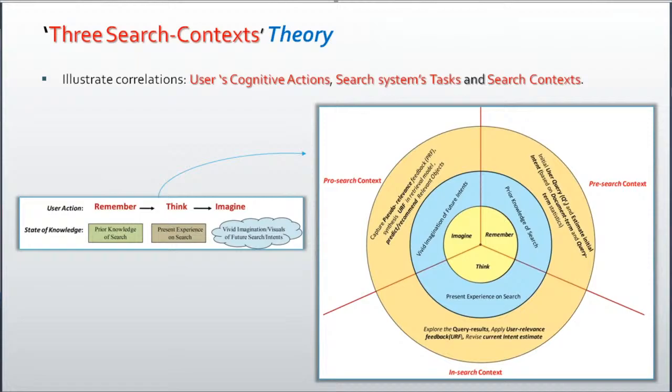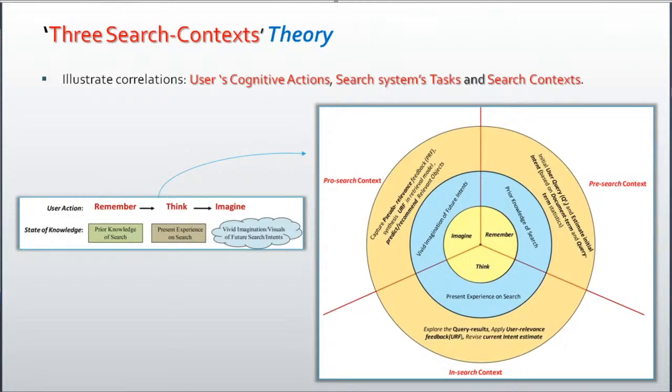So we have three states, three search contexts. Now it is very simple to understand the three different states, the three possible user interactions and possible algorithms for that. But it is critical to implement it. How will you model the correlation between these three states?